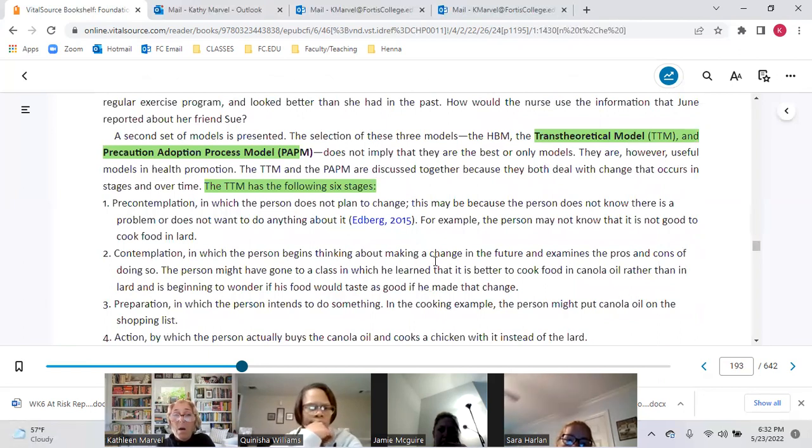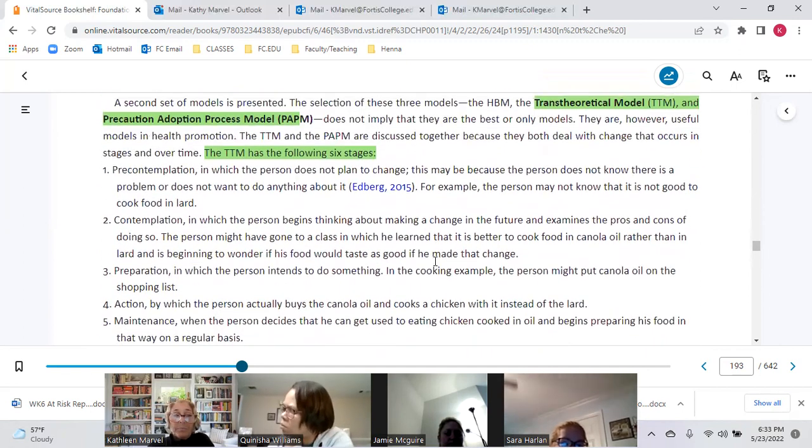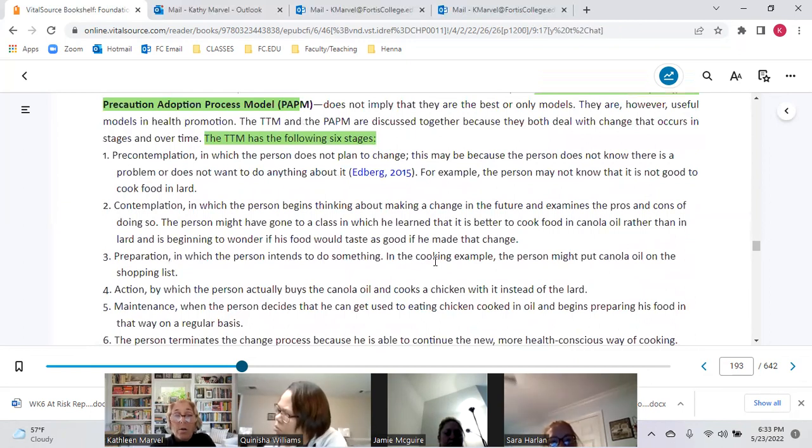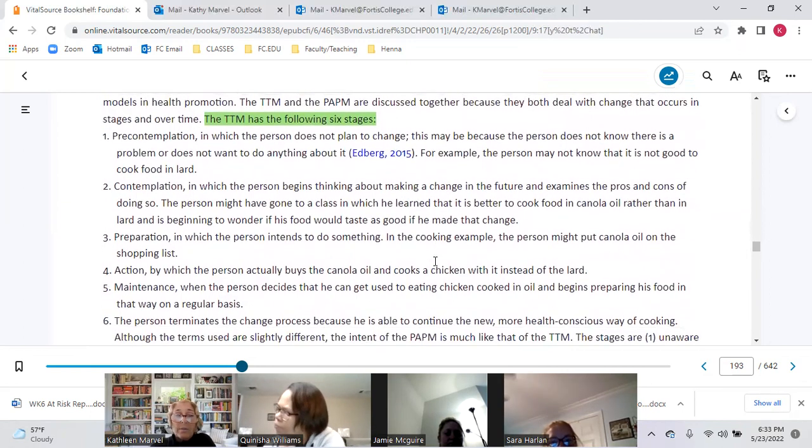And then there's another one called the, these are used interchangeably. It's called the TTM, the Trans Theoretical Model, and the Precaution Adoption Process Model, PAPM. Okay. And these in particular do go through 6 different stages.